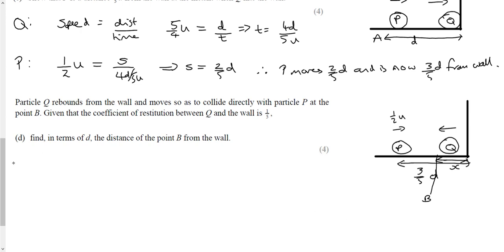Okay. So Q and the wall we can look at. If I call Q's velocity now W, it says the coefficient of restitution is a fifth.